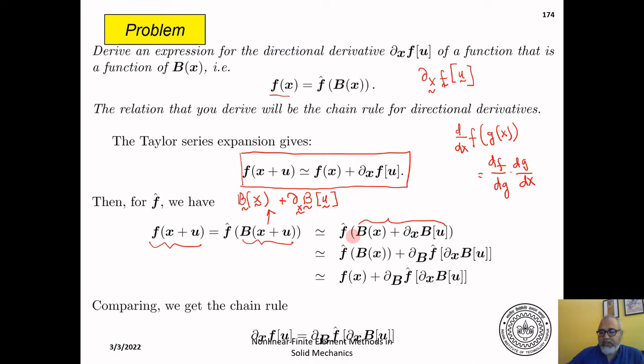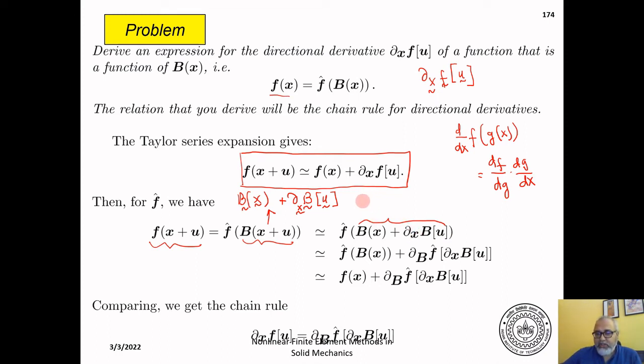So now we have f hat of b of x plus this quantity, which can be written again using this, where instead of x now we have b of x, and instead of the direction u, now we have the directional derivative of b in direction u, which takes the role of u.